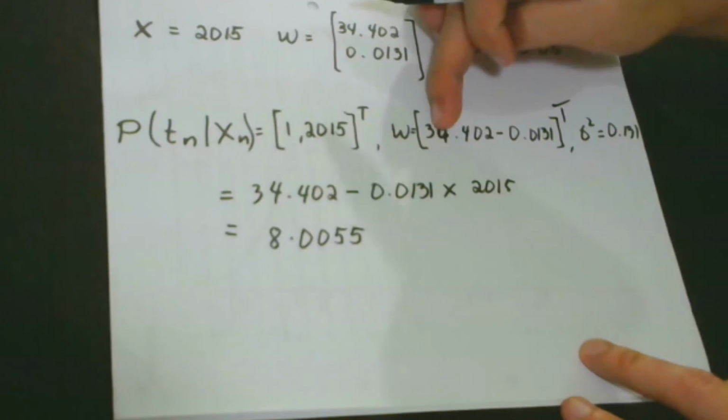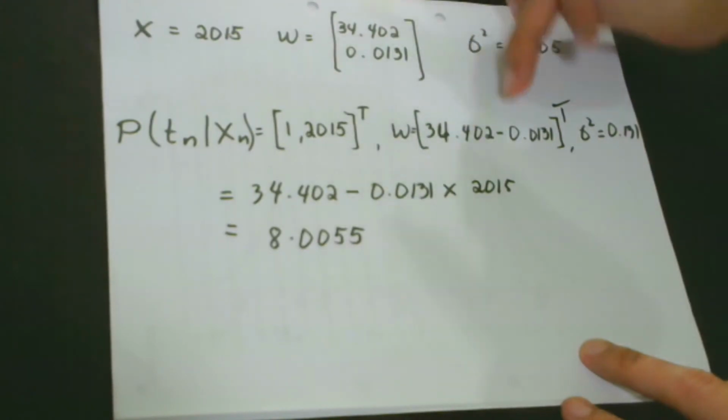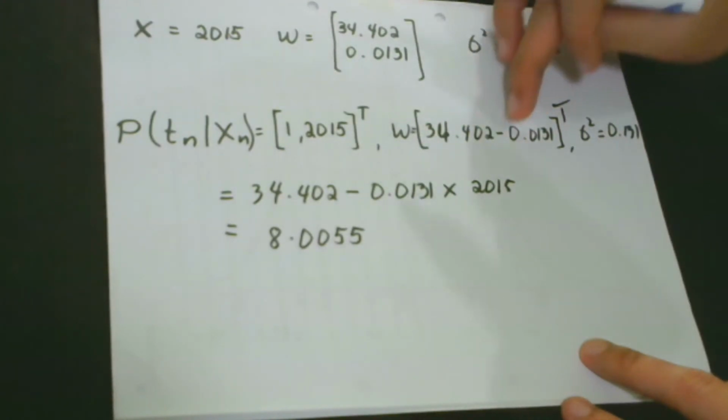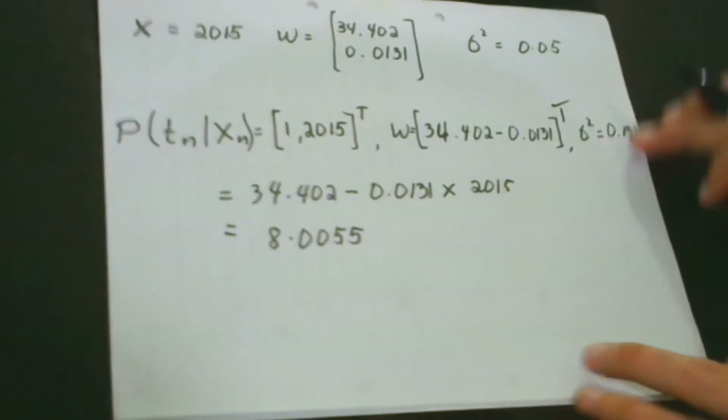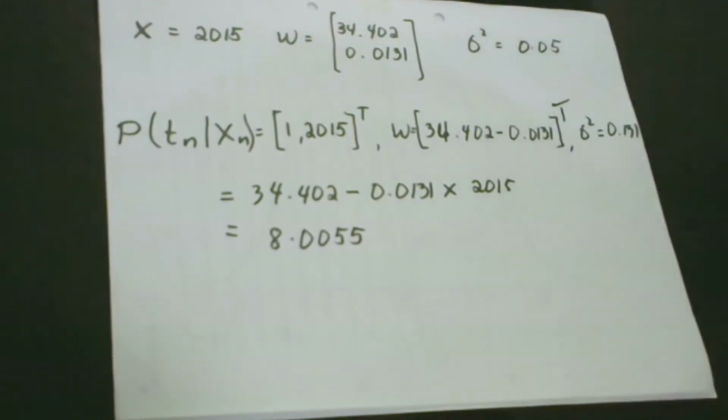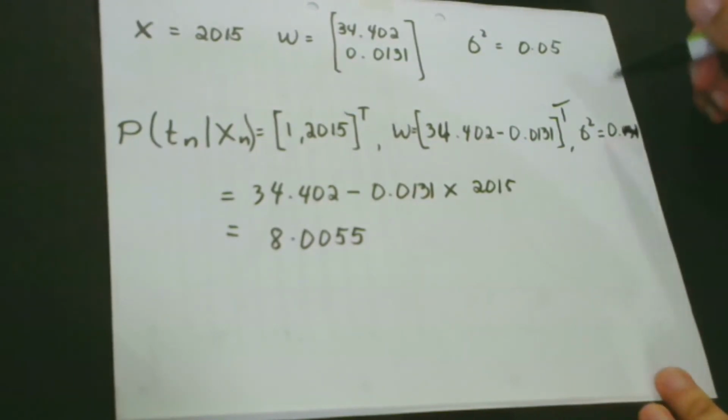So we have 34.402, then we have negative 0.0131, and of course our standard deviation. Sorry, I made a mistake. So our standard deviation is 0.05.